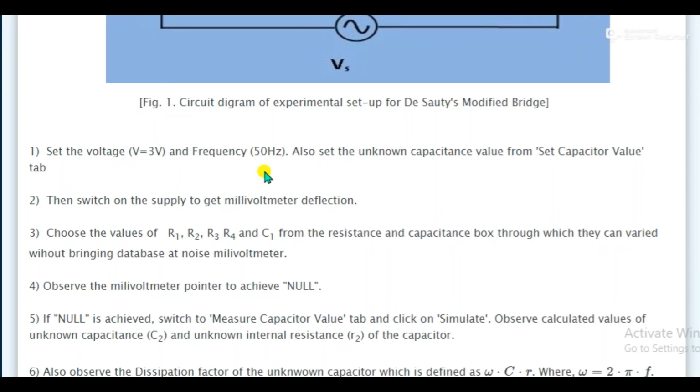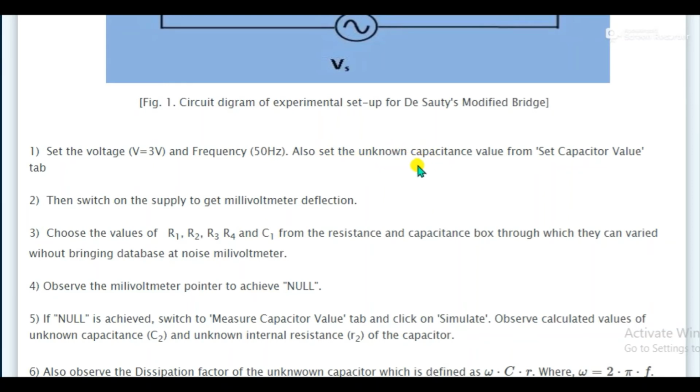The frequency coming to our homes and shops here in India is 50 Hz AC, and transformers convert it into DC. This question can also be asked: what frequency is coming to our house? It is a very normal question. So in this circuit also we take voltage equal to 3 volts and frequency equal to 50 Hz.